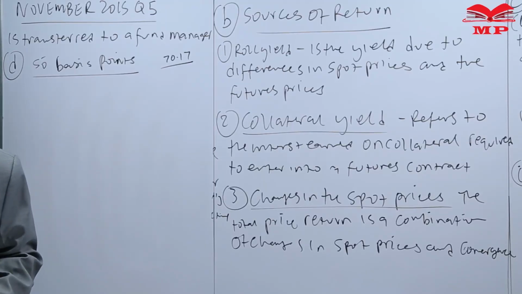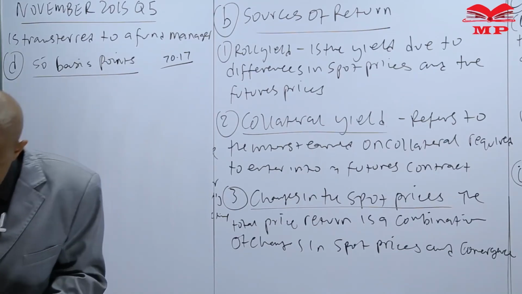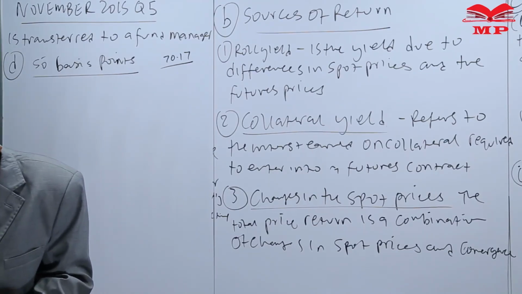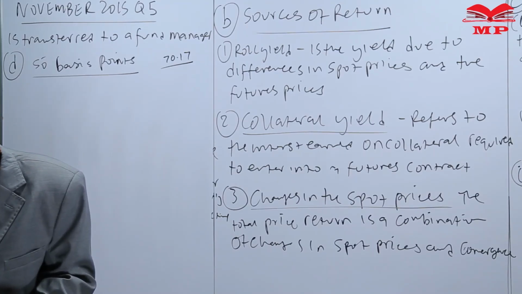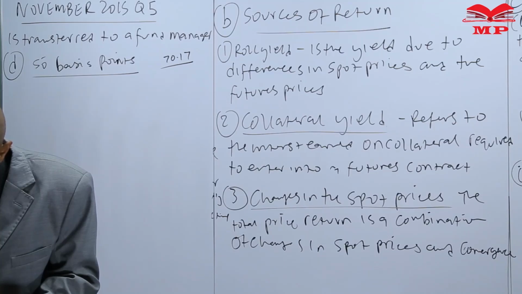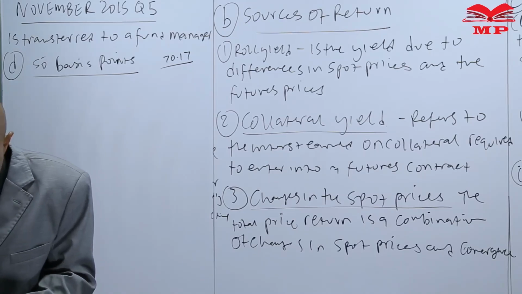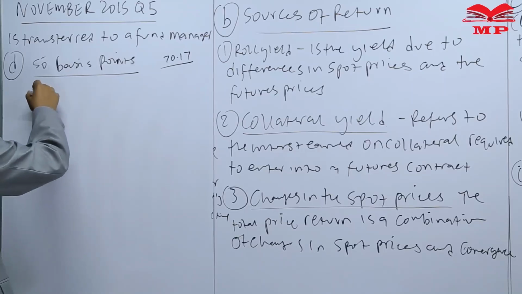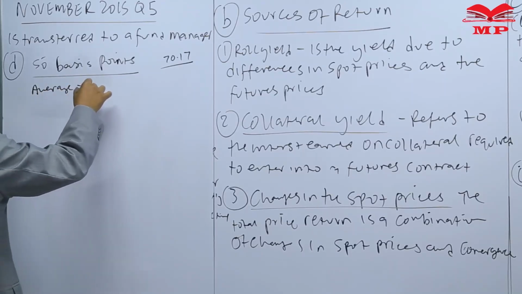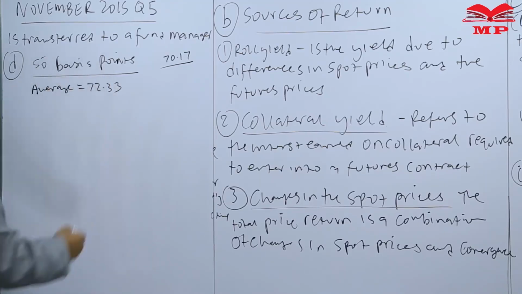So we have 70 plus 73 plus 68 plus 71 plus 77 plus 75 equals, then we divide by 6, and you can see it's 72.33. The average is 72.33, and that is at 50 basis points.